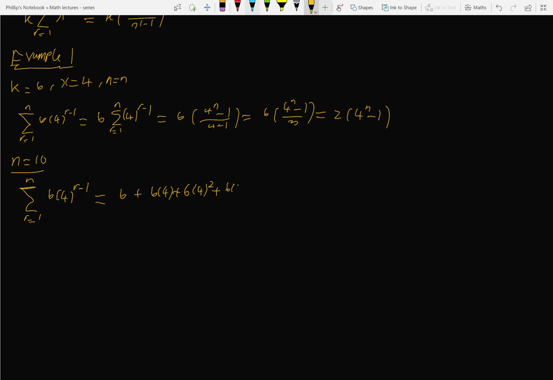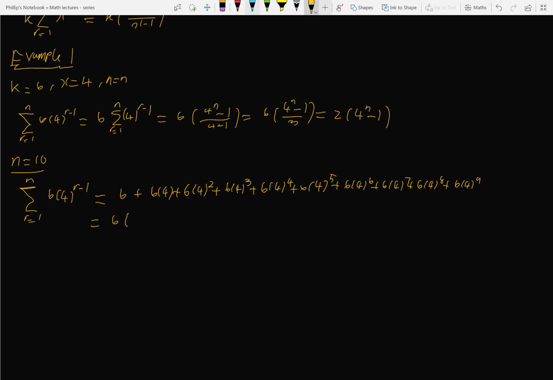I can do dot dot dot as well, but for the first one I'm going to write it out in full, because why not. Plus 6 times 4 to the 5, plus 6 times 4 to the 6, plus 6 times 4 to the 7, plus 6 times 4 to the 8, plus 6 times 4 to the 9.